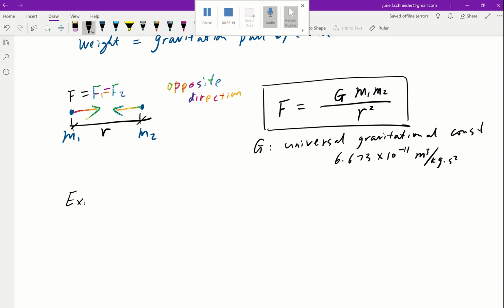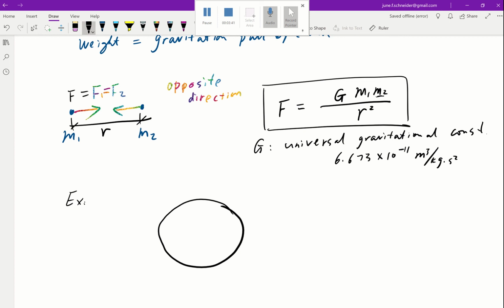You are standing on Earth. Why is the Earth no longer random? Because the Earth has so much mass, right? So this mass here is going to be huge, then that force is correspondingly going to be huge. So that's what causes our gravitational pull.